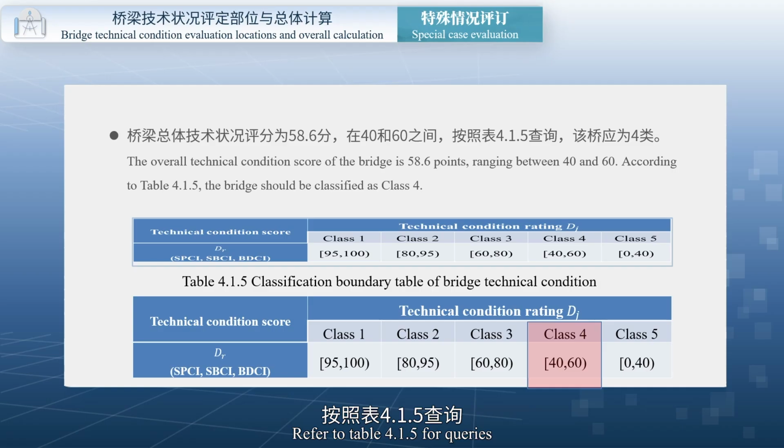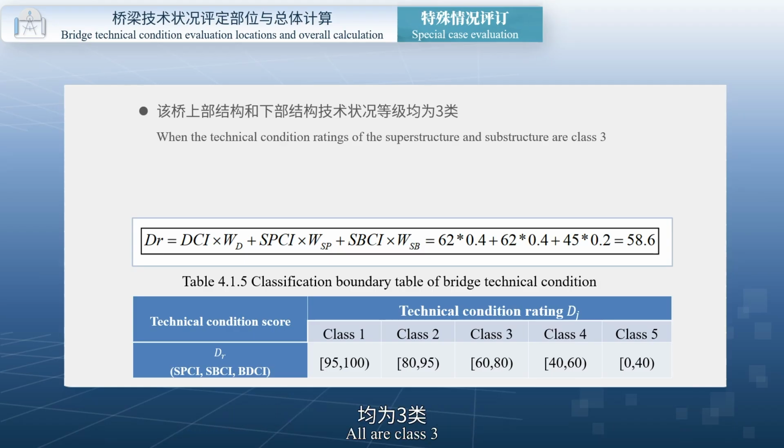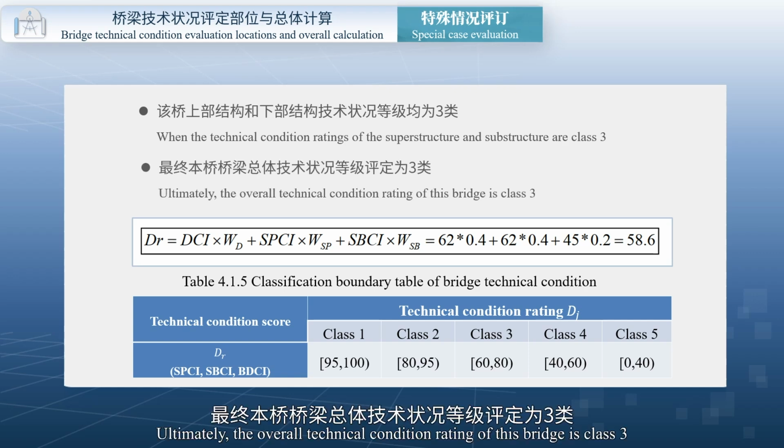Referring to Table 4.15 for queries, the bridge should be Class 4. However, the technical condition ratings of the bridge's superstructure and substructure are both Class 3. Applying this rule, the overall technical condition rating of this bridge is ultimately Class 3.